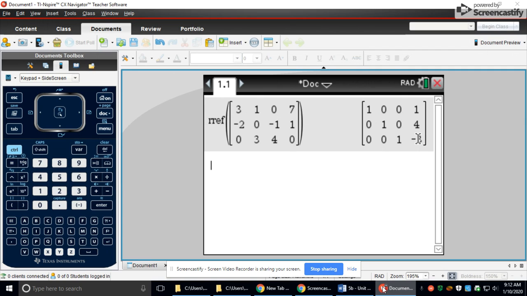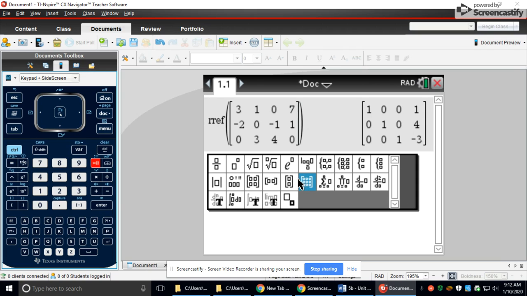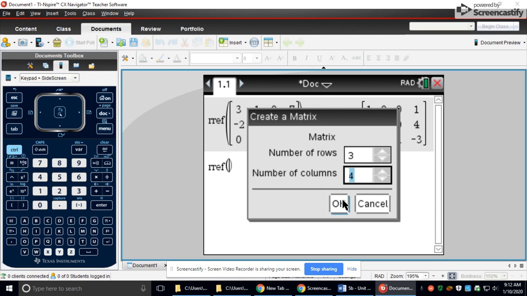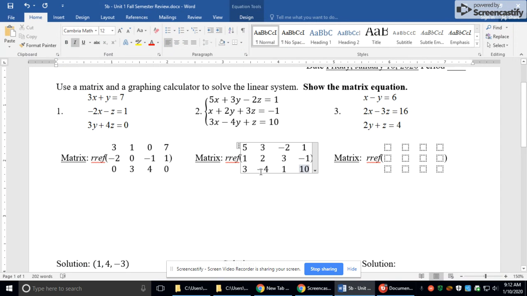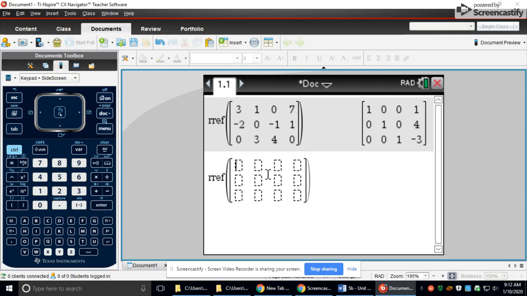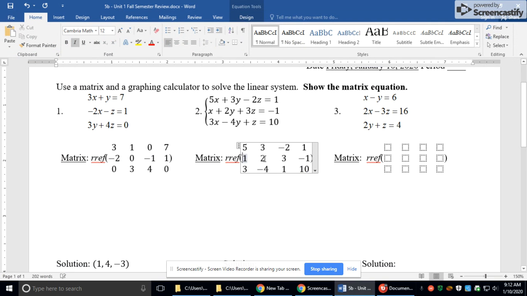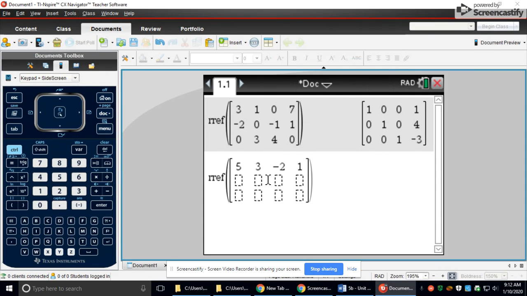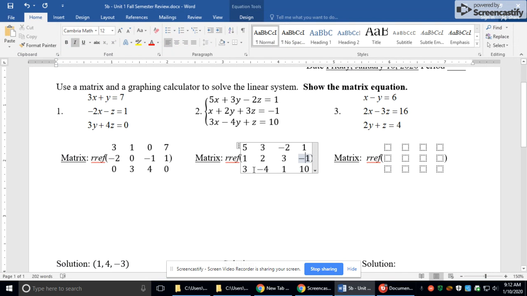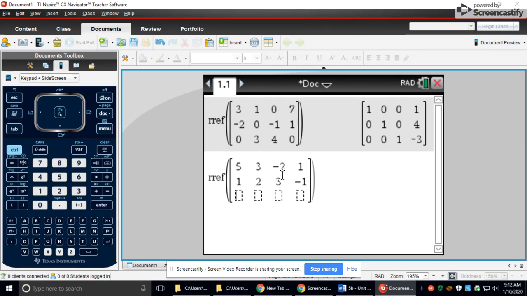So you're going to type in RREF, press the parentheses button to the right of the 9, 3 by 4 matrix. Type in all your numbers: 5, 3, negative 2, 1. Next line, 1, 2, 3, negative 1. Then 3, negative 4, 1, 10.